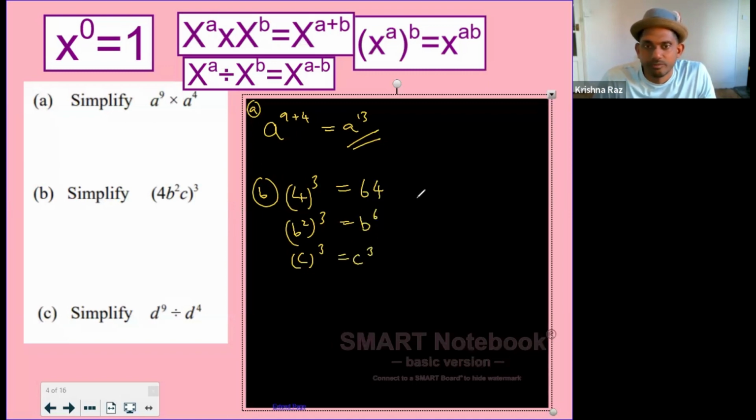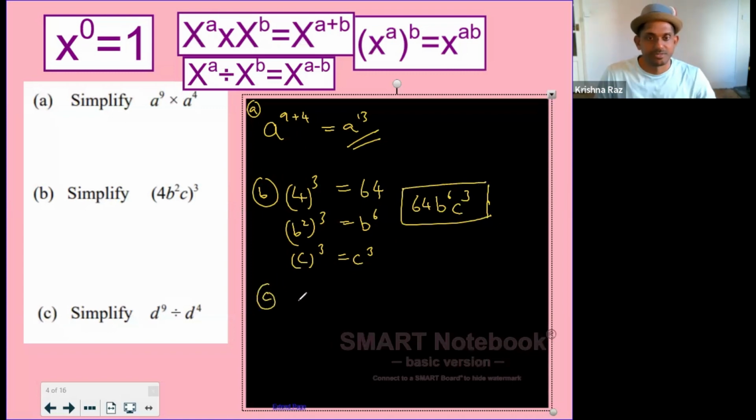So the answer will be 64, b to the power of 6, c cubed. Just like that. And c, which seems to be easier than b, we just subtract the powers like in the third rule. So it will be d to the power of 5.